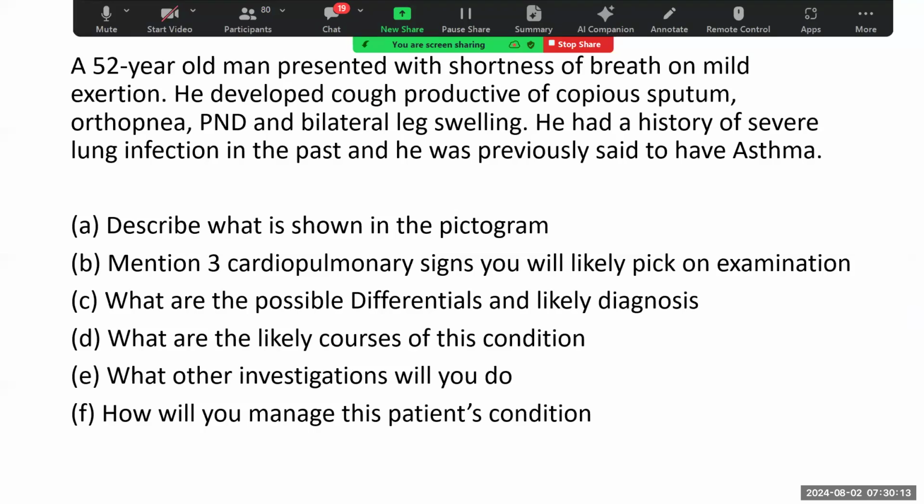Then also, I want to make an add-on to the chest radiograph finding. Basically in COPD, we have a tubular or cylindrical shaped heart due to the hyperinflated lungs, which push the heart into the center and make it look tubular, cylindrical. But in this case, the heart doesn't look cylindrical, maybe because of the background heart failure that is ongoing.